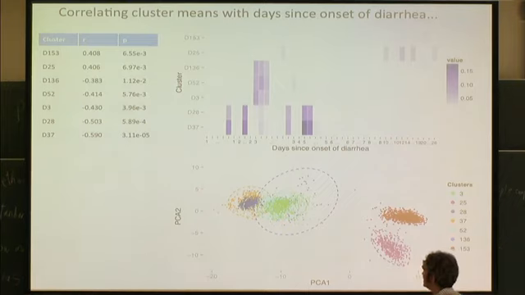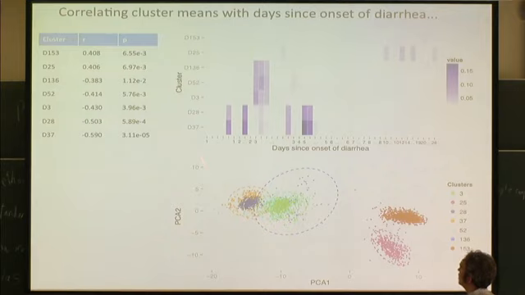And what we find are two clusters, D28 and D37, which are highly negatively correlated with days since onset of diarrhea. And I've actually plotted all clusters which were significantly correlated on this PCA plot here. And you get some clusters which are actually positively associated. So these are clusters which are appearing in people as they get better.